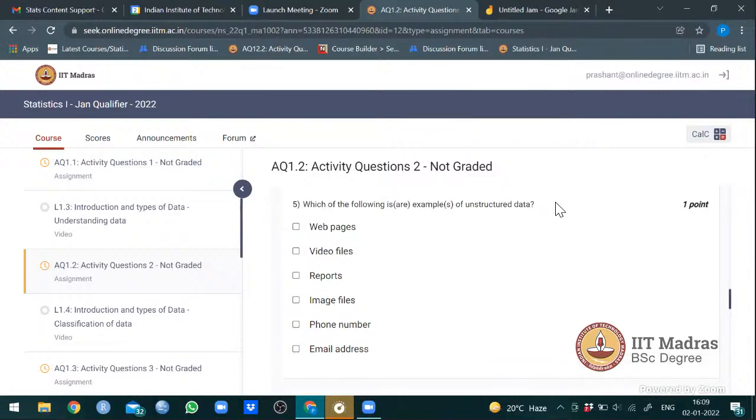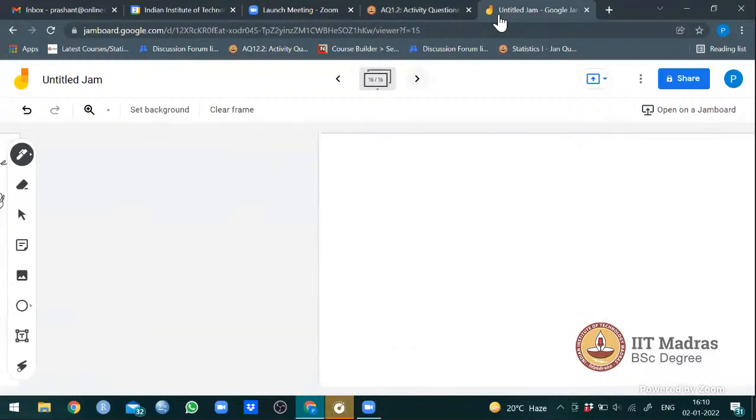Yeah, I think web pages, video files, image files. And why can't the reports? Reports. See, here we should mention clearly what type of reports, because reports can be both types of data. It can be structured as well as unstructured. Suppose reports of marks.